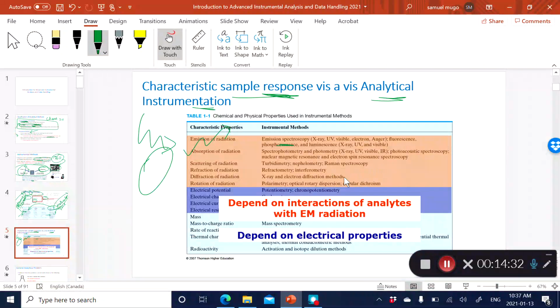I think one of the students was interested in geology and X-ray crystallography. It's a very, very common technique for analysis of geological materials.